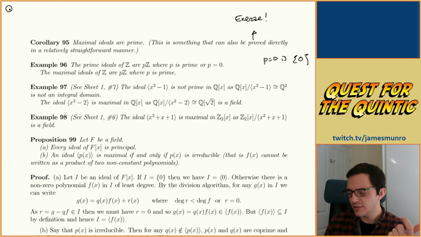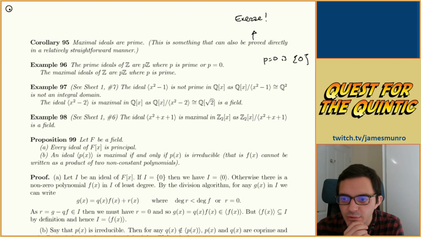So the question is whether the set with just 0 in it is a prime ideal. It's the same as asking whether your ring is an integral domain. Maximal ideals, as I said, that one's not maximal because you could put in other ones. Good, okay.